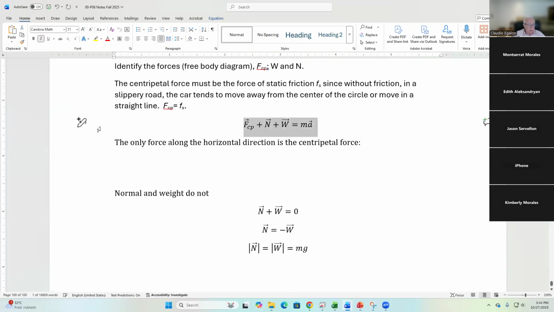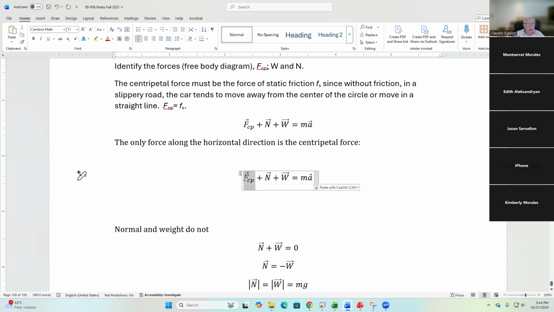So we can write this equation like that. Here you go. I'm going to take out... is equal to mass times centripetal acceleration, right?